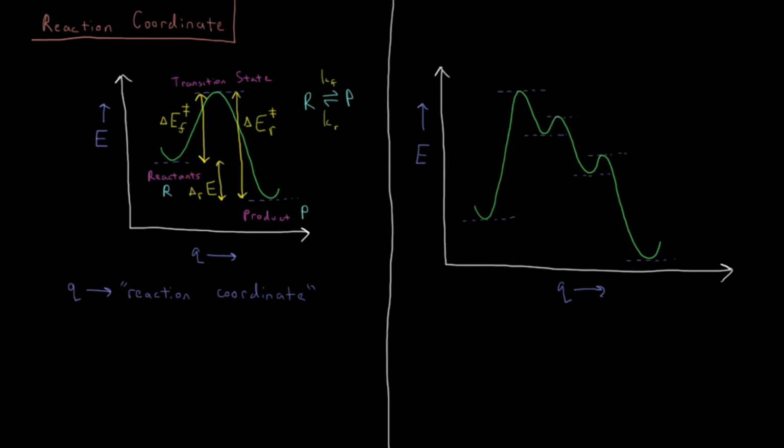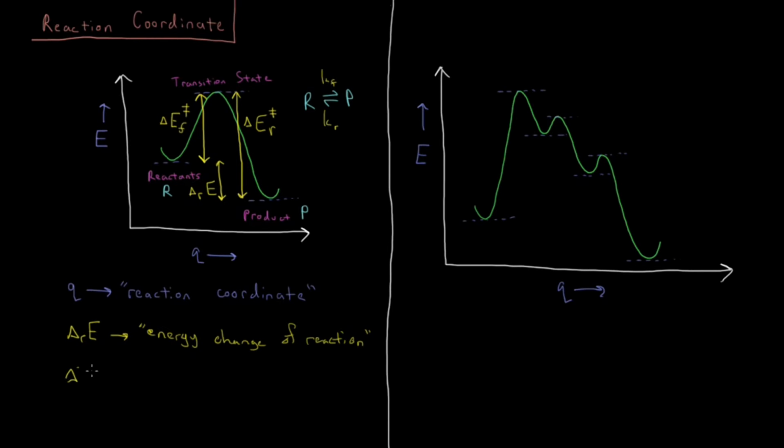Okay, so marking down some of the things I said during that whole rant: delta E of reaction is the energy change of reaction, the same as delta G of reaction, delta H of reaction, what have you, that we discussed during equilibrium and all of those other playlists.